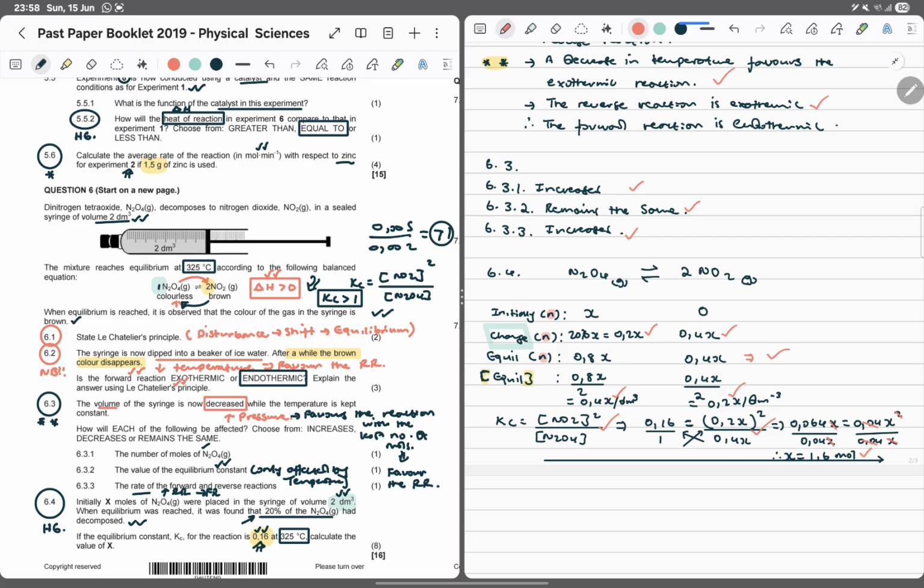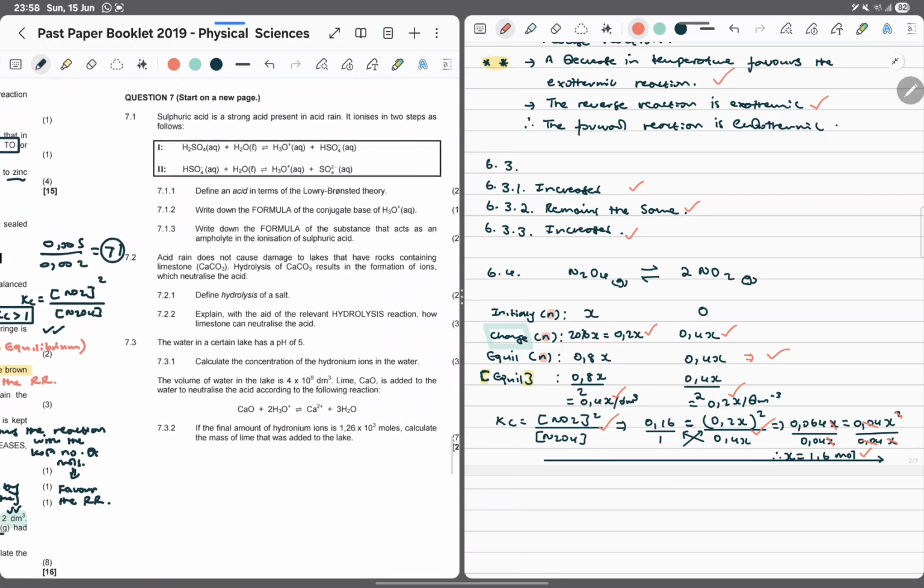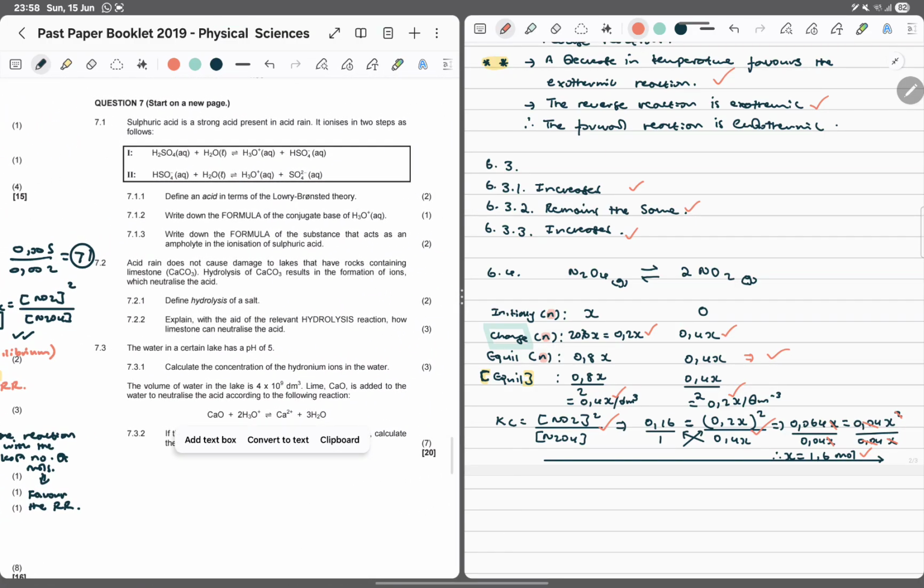Right, so this is essentially, guys, how students should go about this type of calculation. And please do not make any mistakes. Pay attention. Make sure most of the stuff is done the correct way. Okay, so let's take the acids and bases question so that we can end this review for now.